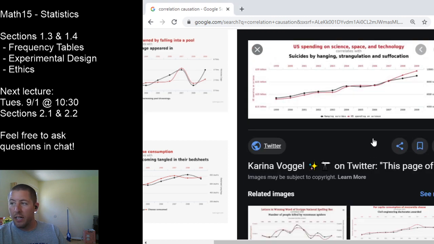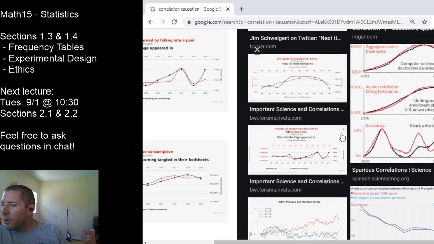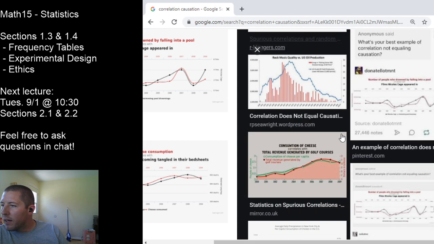Even more closely related here, U.S. spending on science, space, and technology correlated with suicides by hanging, strangulation, and suffocation. Look at how close those two things are right there. I'm certain that they don't have much to do with each other. Some other good ones that I'm looking for here. Now, where's the one I really wanted?